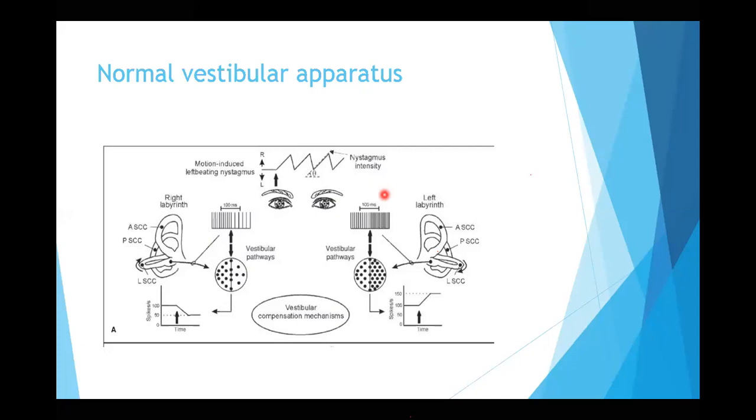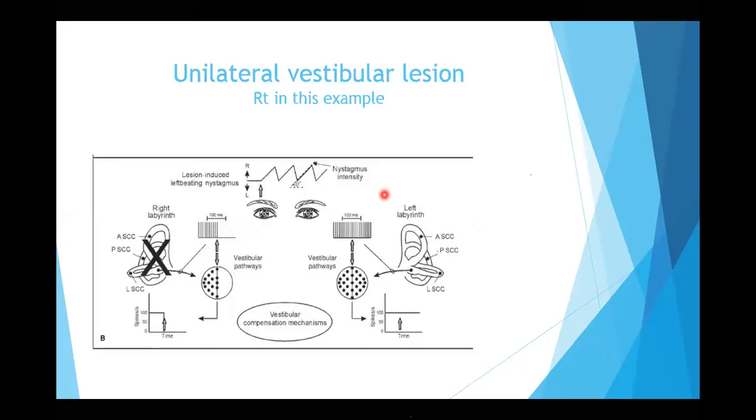So you have the spontaneous rate, and when there is a movement, it will be above or below it, which means above 100 or below 100. Imagine if there is a vestibular lesion, which means the right side is not sending any more signal, completely gone, zero, but the left side is sending the spontaneous rate normally.